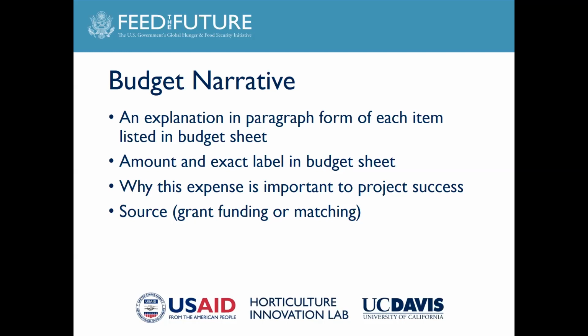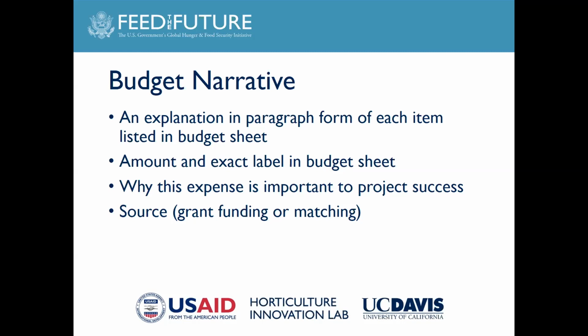Make sure you label the amount, so use the same dollar amount that you used in the budget template, and then the exact wording, for example, the name of the title or the item that will be purchased or the event in that budget sheet, so that it's very easy to reference back and forth from the narrative to the budget sheet. Talk about why this expense is very important to project success and where it's going to be coming from.